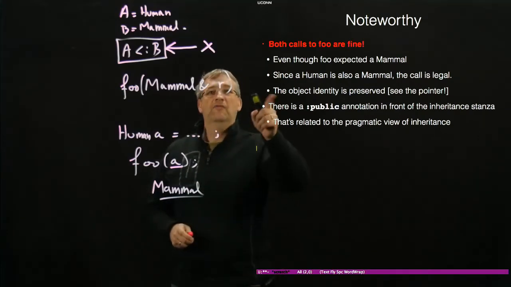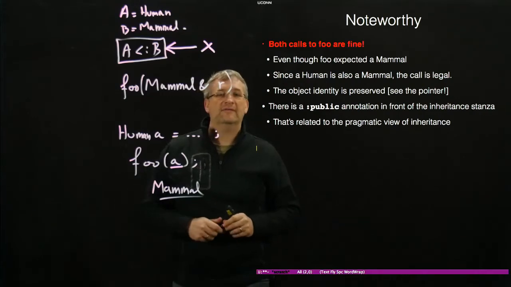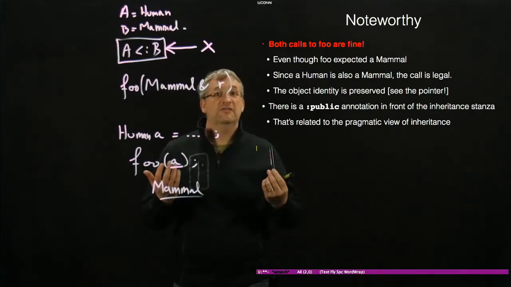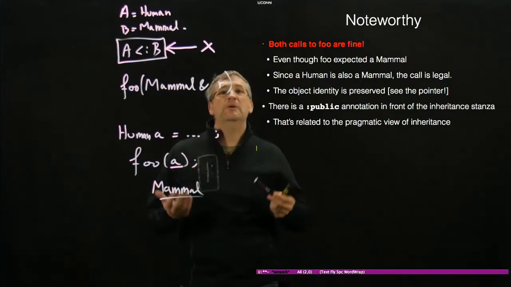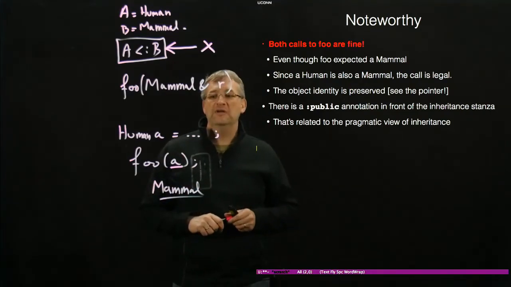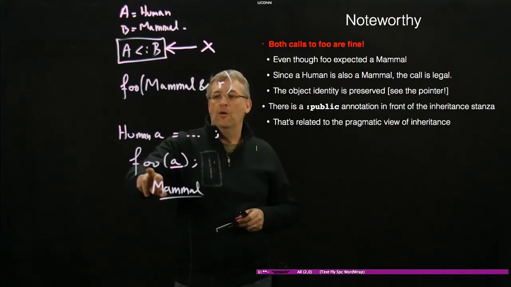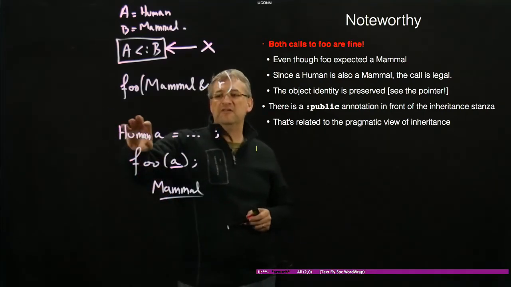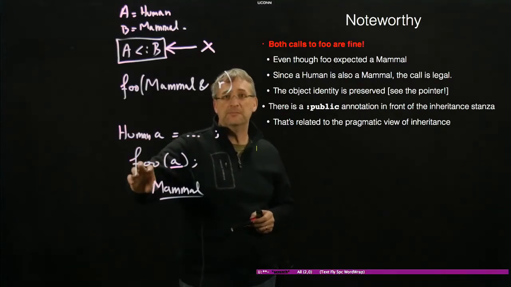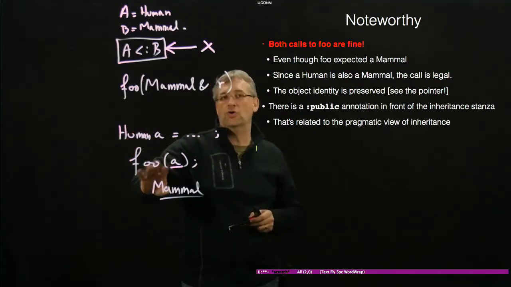That's nice. If we run this code, and we're going to do that to wrap up this video, you will see that the object identity is preserved. That's why I will be printing the pointers. You will see that when I'm calling foo, whether with an actual mammal or a human, even if I'm passing a human by subsumption, since humans are mammals, the code is okay.